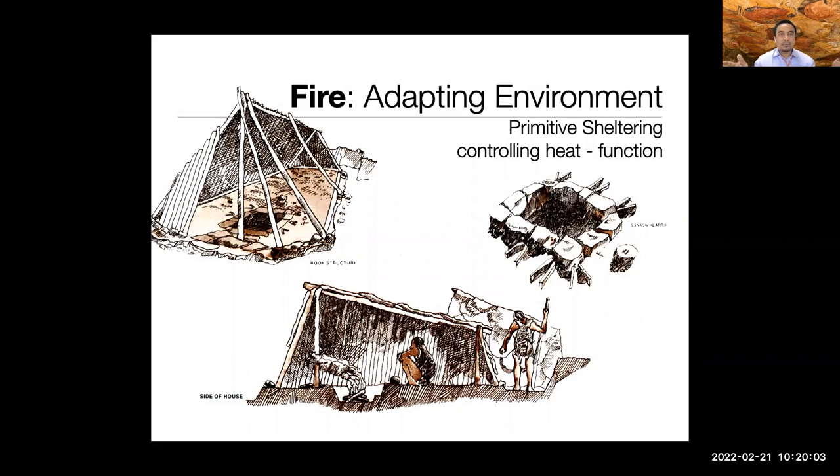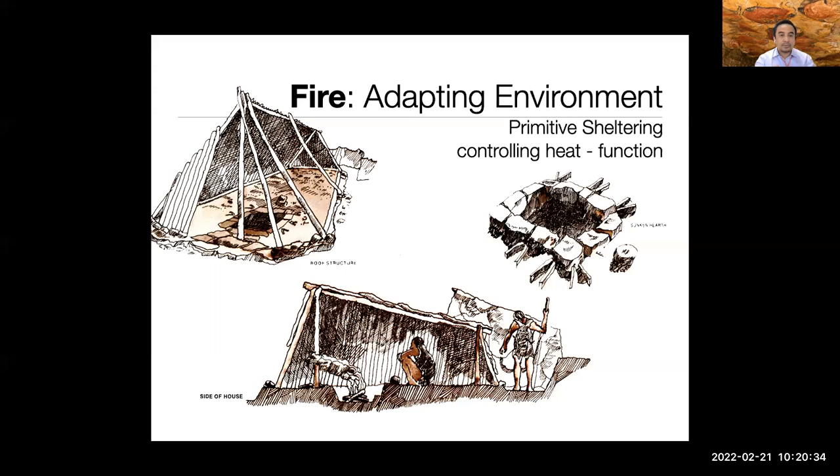At a certain point in time, humans just stopped living in caves. Nobody can explain clearly why, what is the exact reason, but it seemed that humans in that period, about 12,000 BC, began to know about the structure, creating the standalone structure.